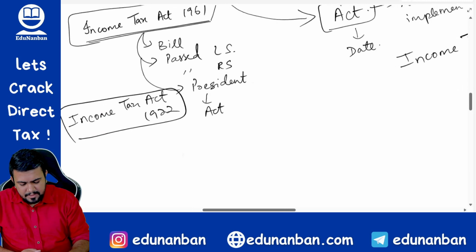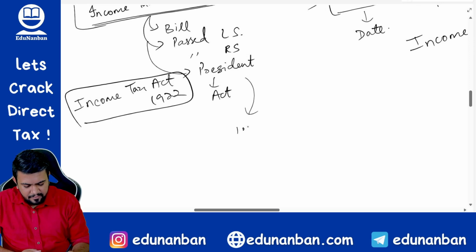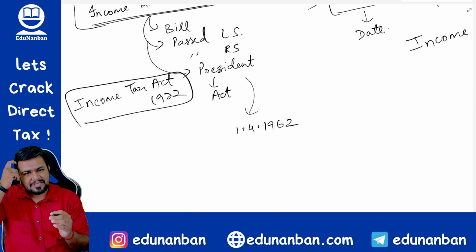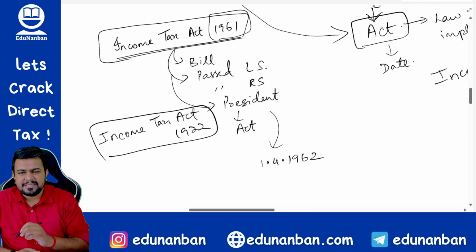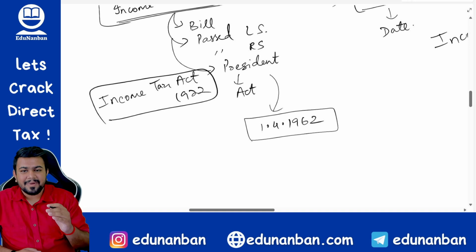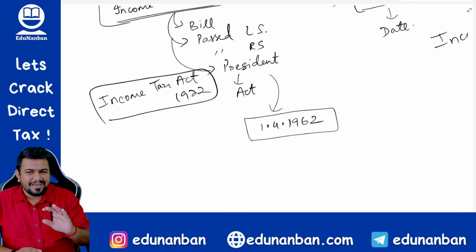Now, this Income Tax Act came into force from 1/4/1962. It was applicable from when? 1/4/1962. Sir, but this act was passed in 1961. Why did it become applicable from 1962, that is 1 year later? Answer is, it is not 1 year later, Kanna.